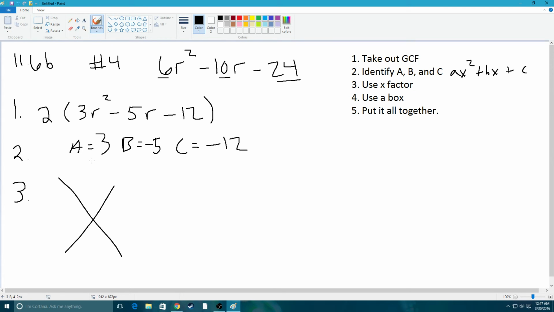Okay, number 3, x factor. AC goes on top, so AC. B goes on the bottom. A times C is negative 36. And B is a negative 5. And what would this be? I think this would be a 9 and a 4, with the 9 being negative.